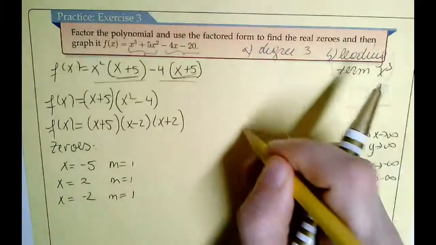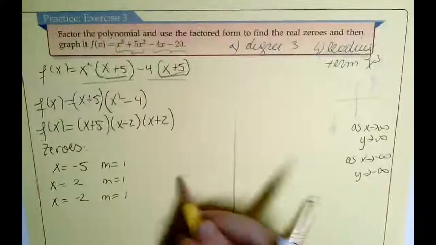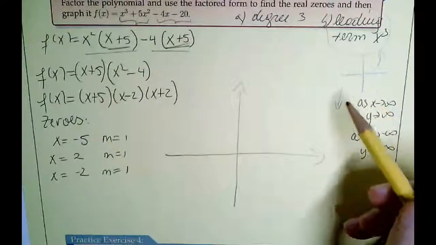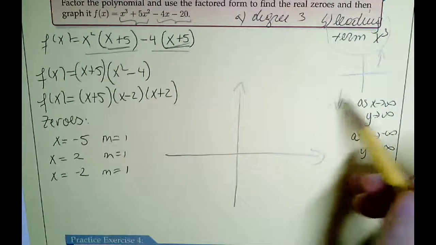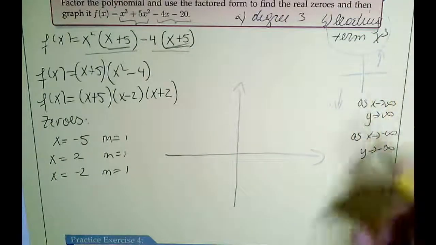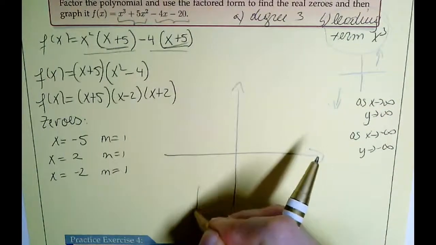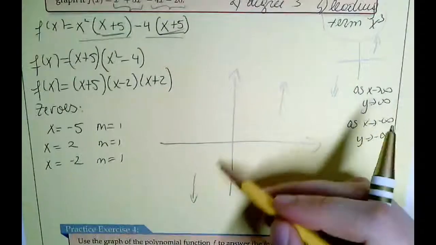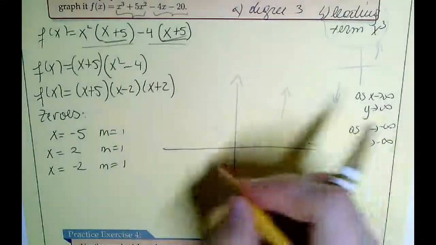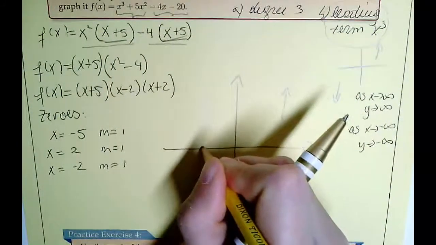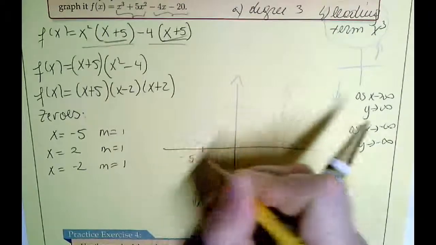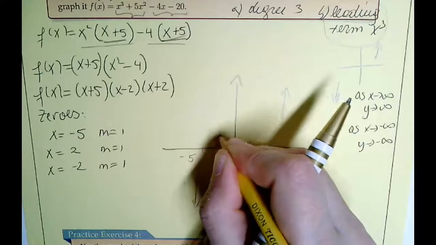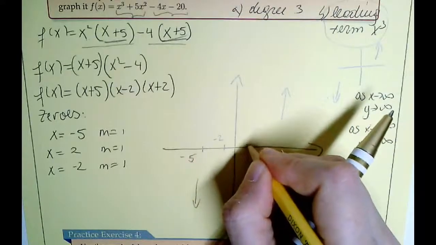Okay, so now we have all the information needed to graph it. The end behavior is it falls on the left and it rises on the right. So it starts here, and it's going to end up here. And in here, what is it doing? What are my zeros? Let's say -5 is here, and then -2 is here, and then +2 is here.